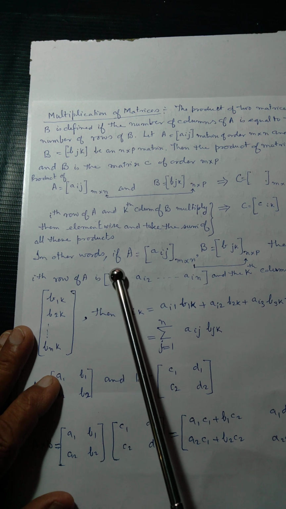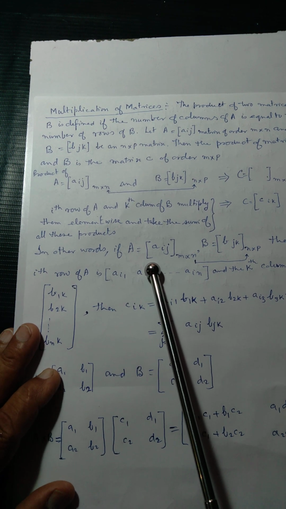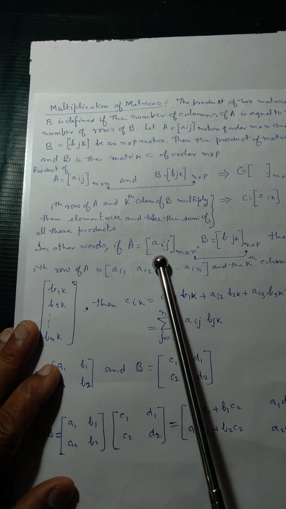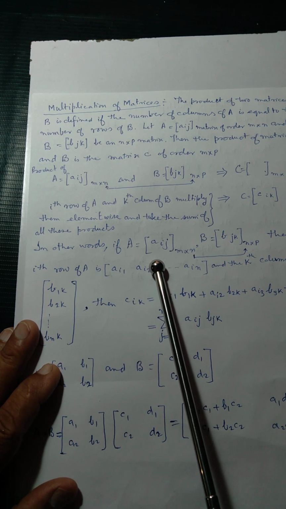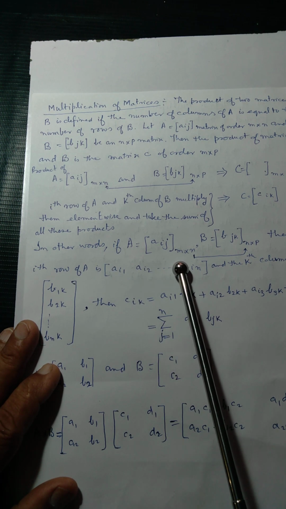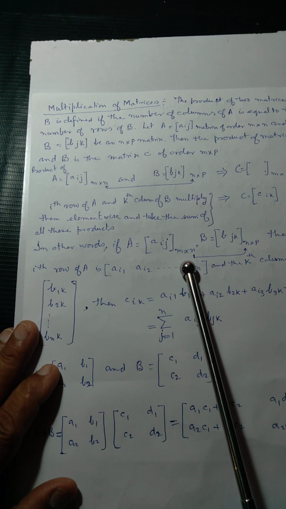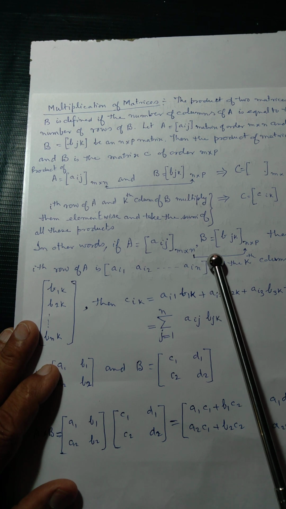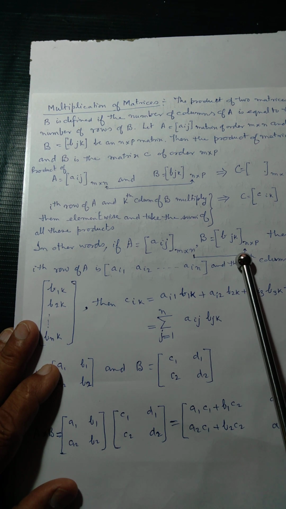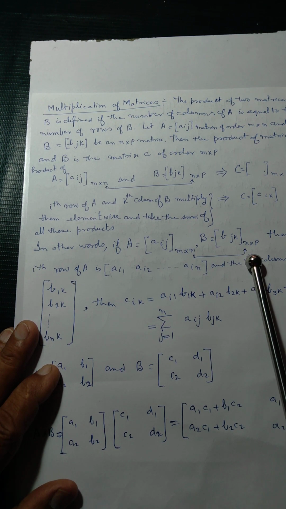In other words, Aij, the small letter, represents the element of matrix A, and its order is m into n. B's elements are represented by Bjk, and its order is n into P.